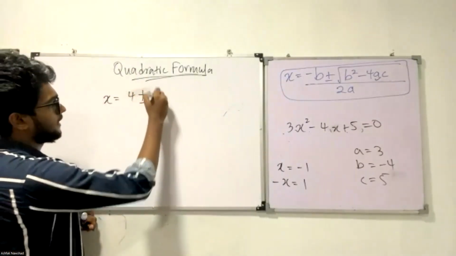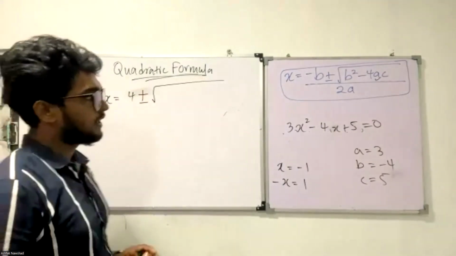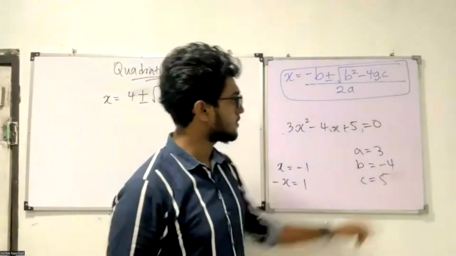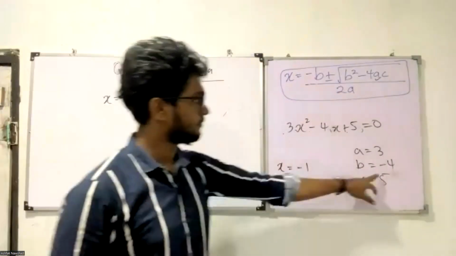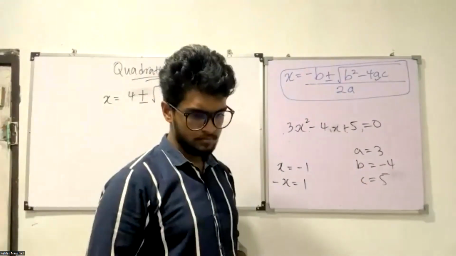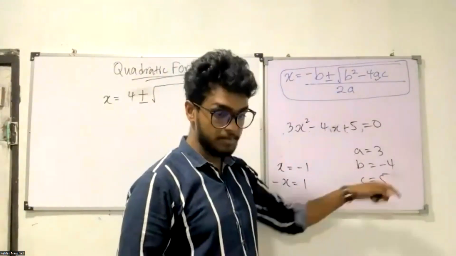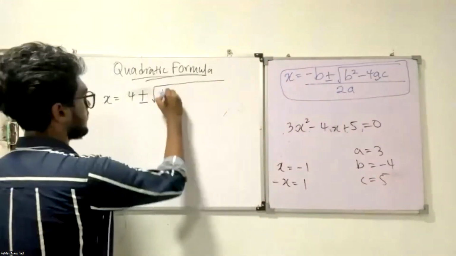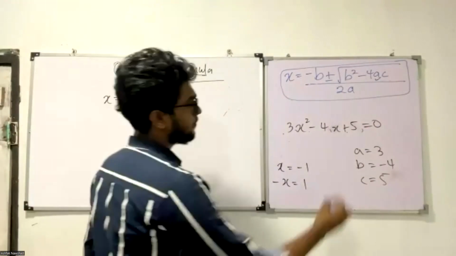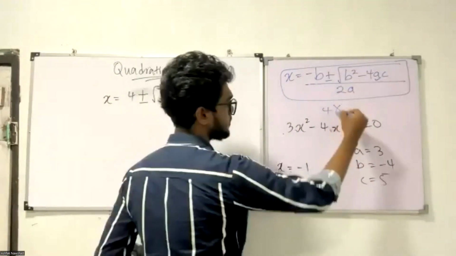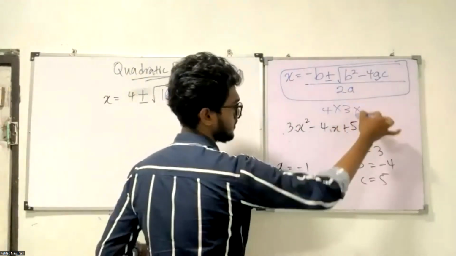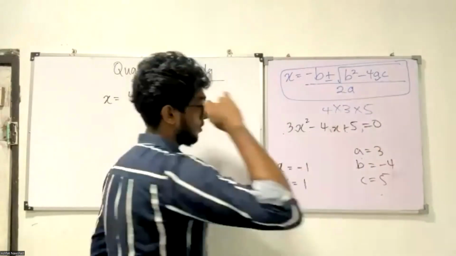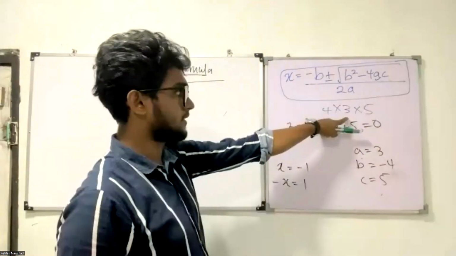Minus B plus or minus the square root of B squared. What is B squared? B squared is 16. 16 minus 4AC, which is 4 times A times C. So this is going to give us 60.